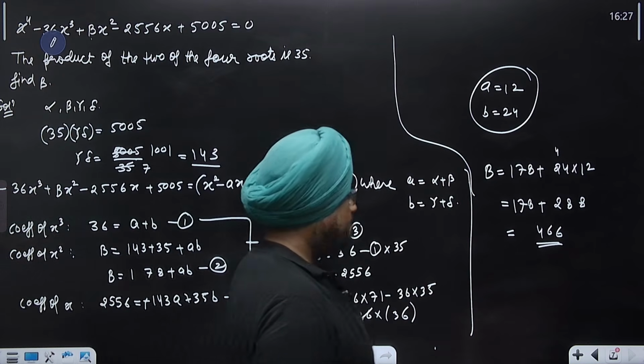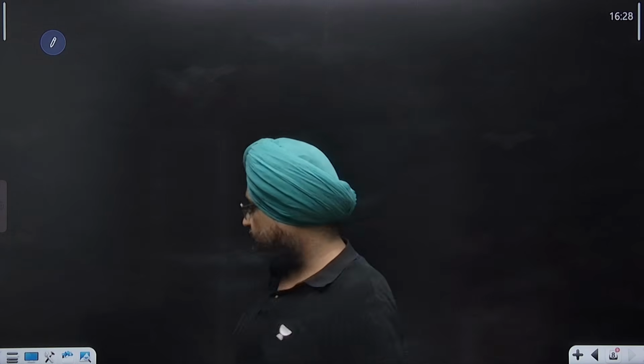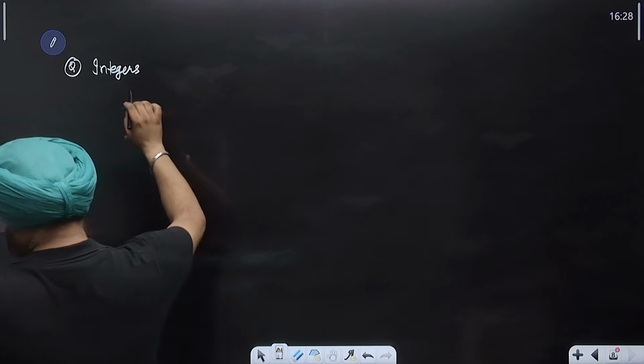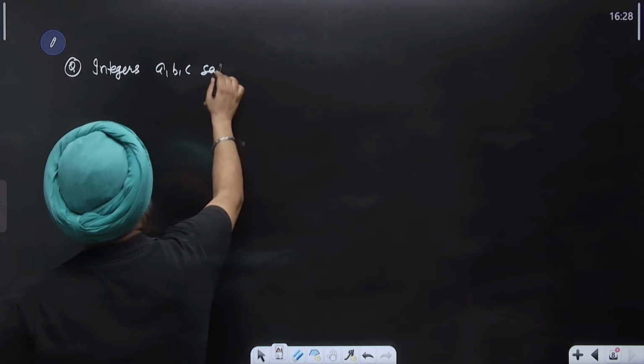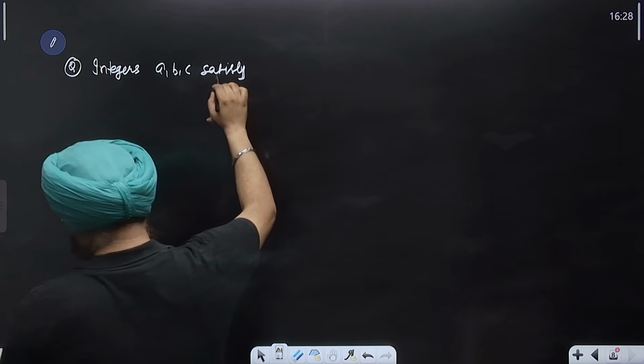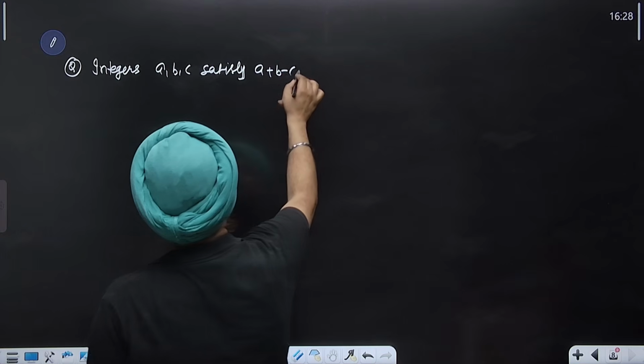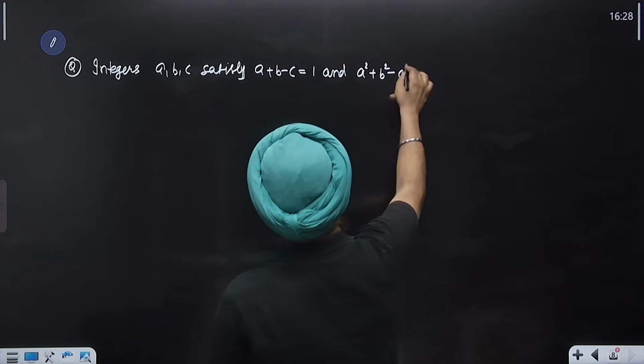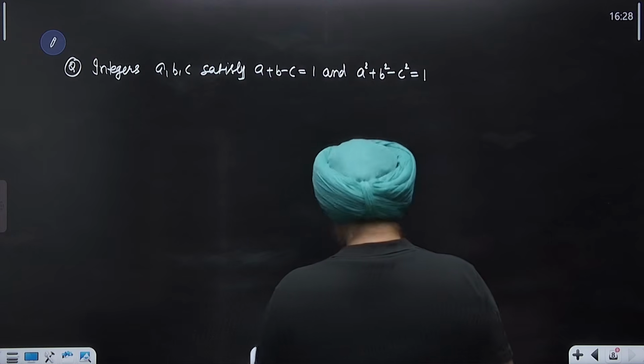Now, let's take some previous year questions of quadratic equation. Integers A, B, C satisfy A plus B minus C equal to 1 and A square plus B square minus C square equal to minus 1.